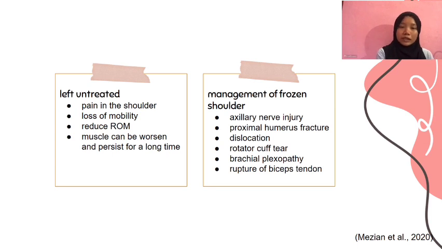Proximal humerus fracture, dislocation, rotator cuff tear, and brachial plexopathy can happen following manipulation with osteoporotic bone. Rupture of the bicep tendon can also happen after shoulder manipulation.